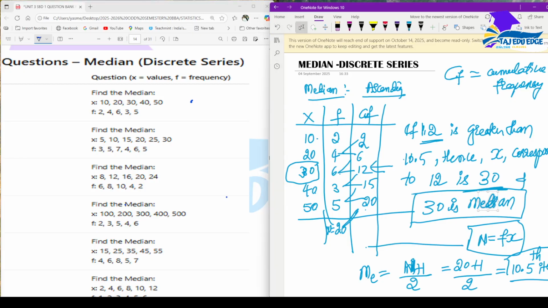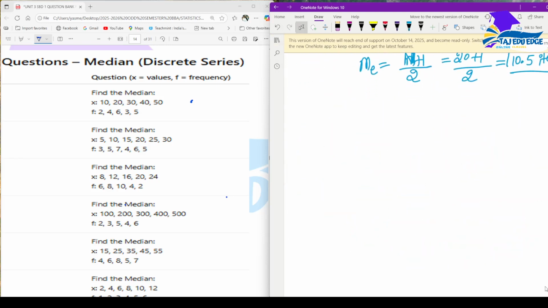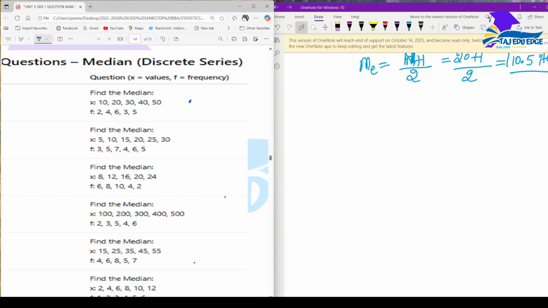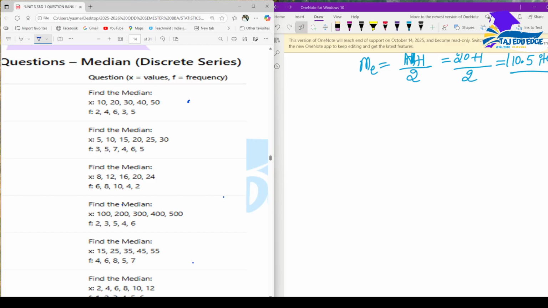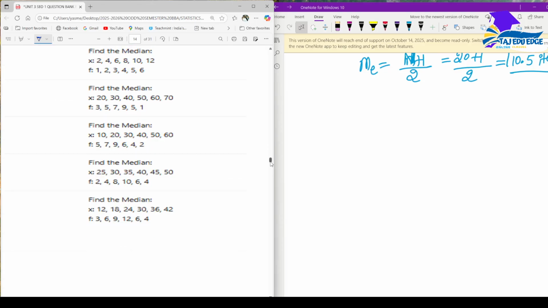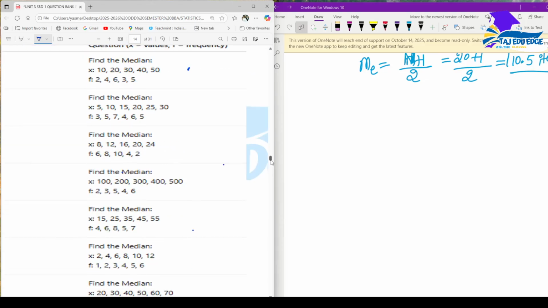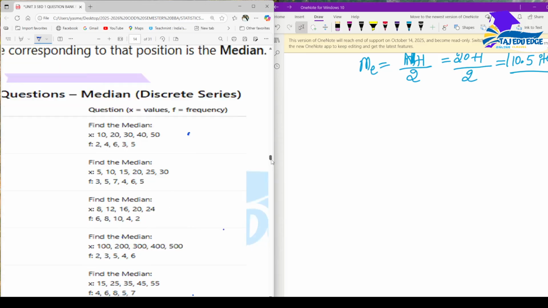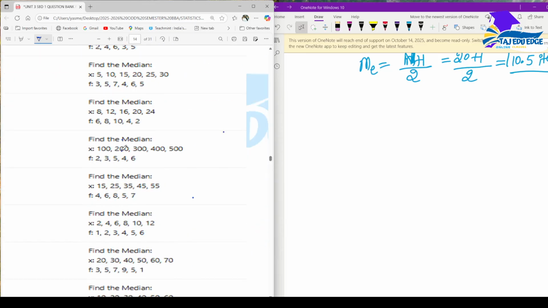Let's take question number 2. All the numbers are arranged properly here. If it is not arranged in ascending order, then we have to arrange it properly. So let's take this fourth problem, because it has 100, 200, 300, 400, 500.